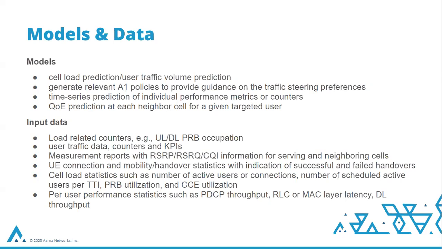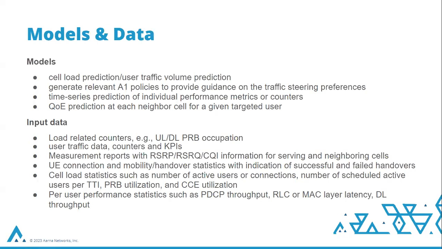The first one is the cellular load prediction. One way is how exactly the cell is being loaded, and the other is user traffic volume prediction. Based on the prediction, either we can push the new users to another cell, or we can retain them in the same one. So those decisions can be taken.